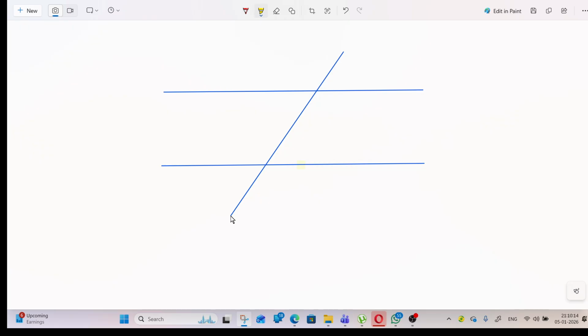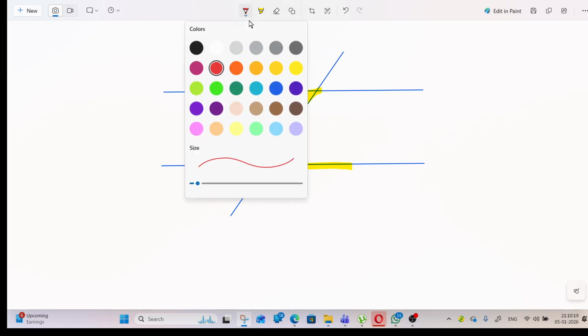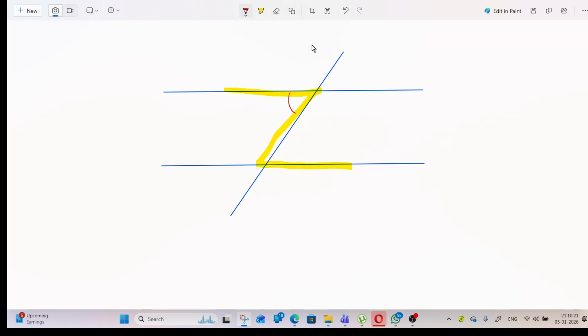So if you see, this is making a Z. So this angle is equal to this, and they are called alternate angles, right? So 1 and 2 are going to be equal. And this is making an F. So this angle is corresponding to this.